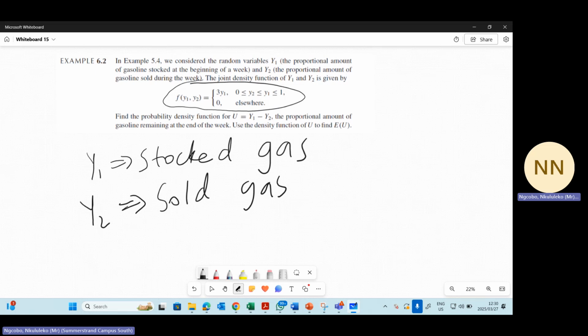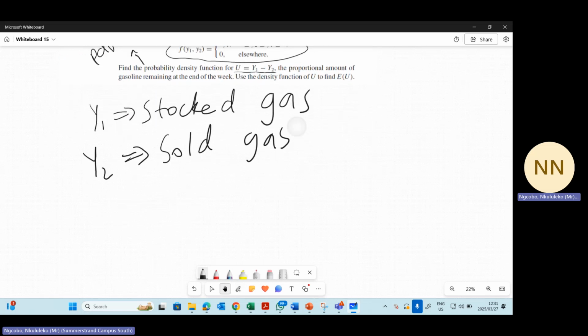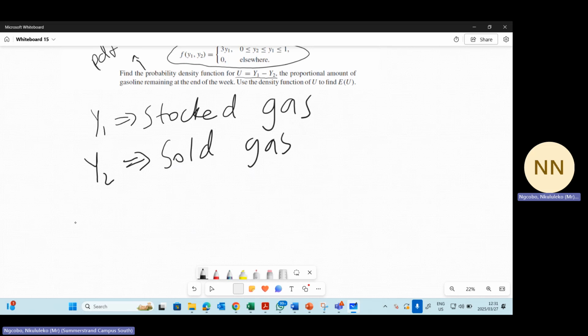Now find the probability density, so the PDF again. The density function for u, but now u is of two variables. So u is no longer just y, but it's y1 minus y2, the proportion amount of gasoline remaining at the end of the week.